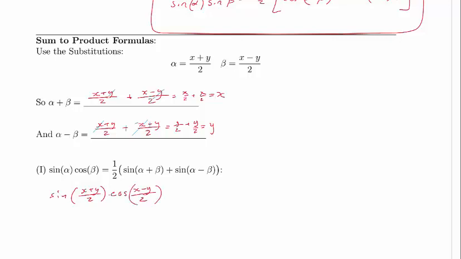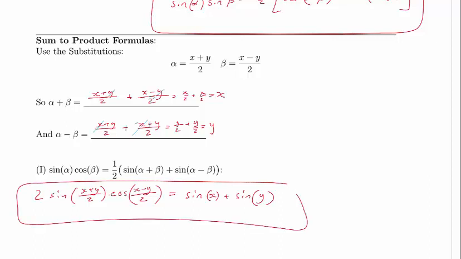We're going to go ahead and multiply both sides by 2 to get rid of that 1/2, so we have the 2 hanging out here. And so this is going to equal sine of alpha plus beta, which we covered as x, plus sine of alpha minus beta, which is simply y. And there we go, that's it.